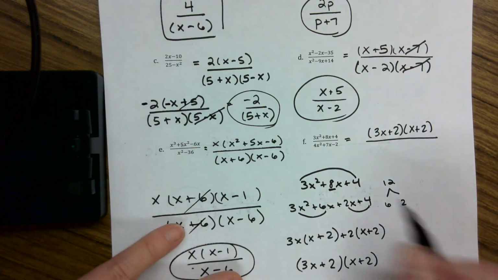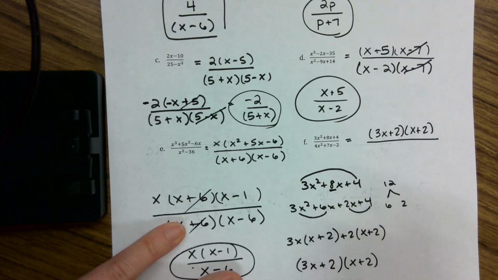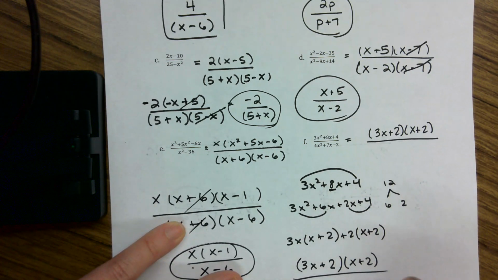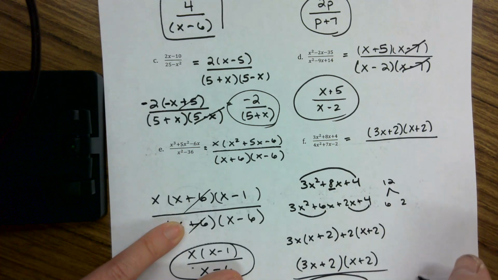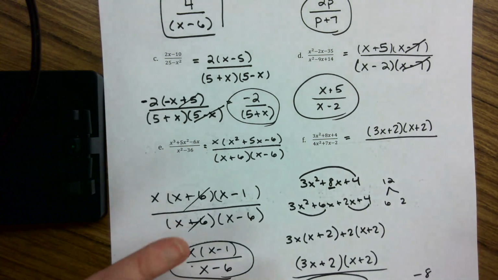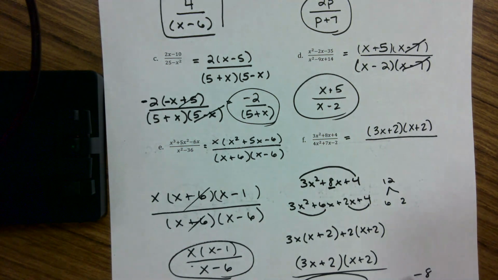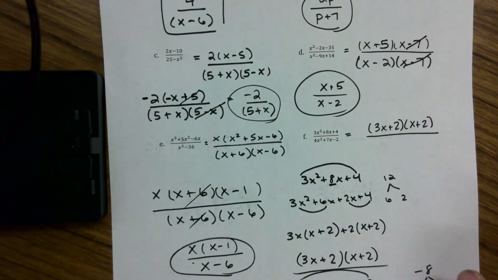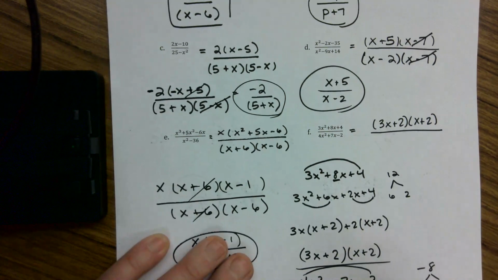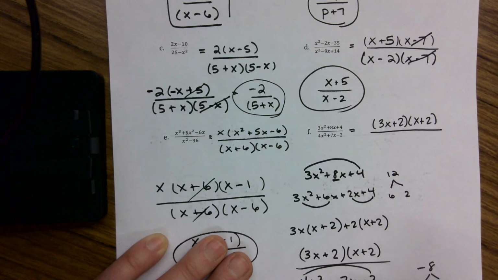The bottom, you have to do the same thing. 4x squared plus 7x minus 2. 4 times negative 2 is negative 8. Factors of negative 8 that give you 7. A positive 8 and negative 1. So 4x squared plus 8x minus 1x minus 2.